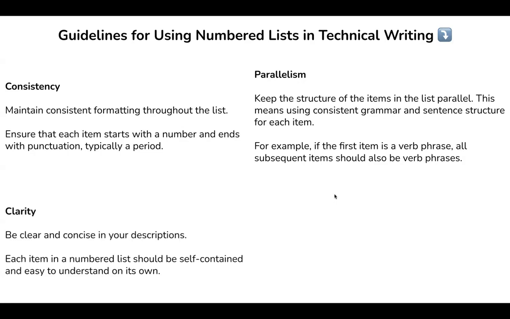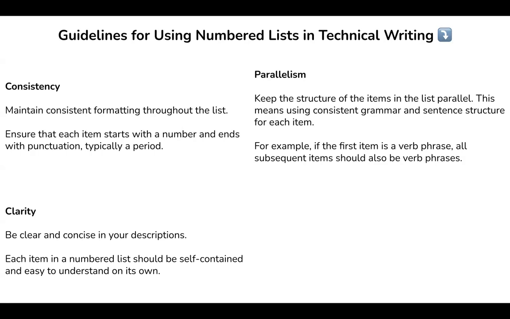So the next one will be clarity. Clarity is another concept that has been coming up a lot in classes. So be clear and concise in your descriptions. Each item in a numbered list should be self-contained and easy to understand on its own.